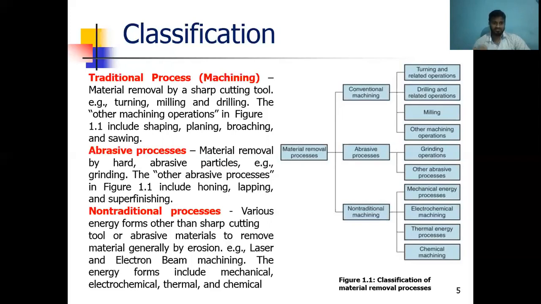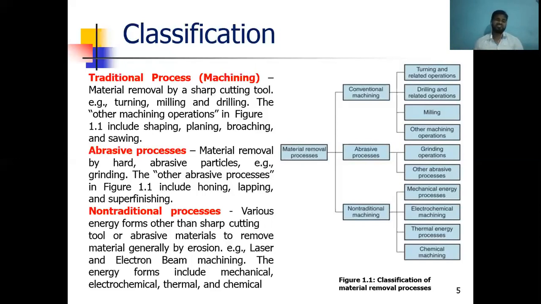Generally we know what machining is: material removed by a sharp cutting tool. For example, turning, milling, and drilling, the other machine operations. The other machine operations are conventional machining, abrasive process, and non-traditional machining, right?